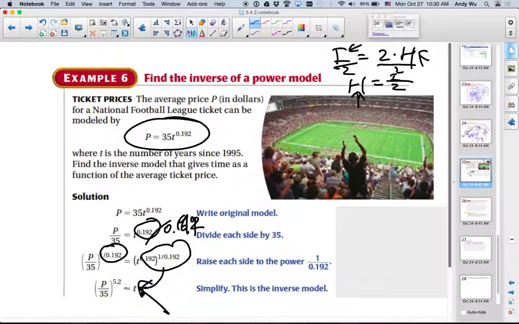Instead of dividing by a 2, making it a 1/2 power on the other side, you would use 0.192, making the other side a 1/0.192 power, and the calculator will give you 5.2. Okay, if you don't catch that at the very end, that's fine.